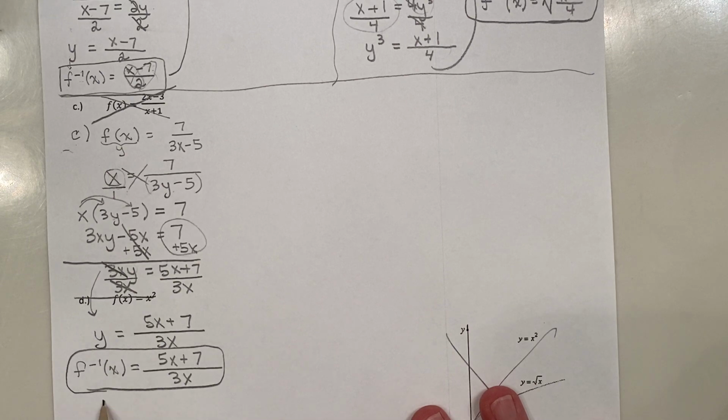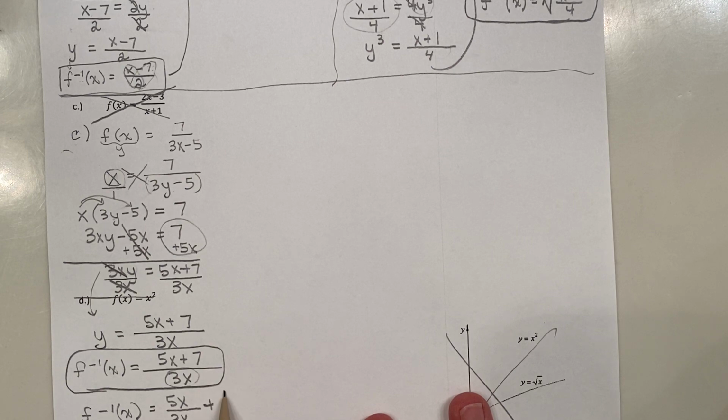Like the first couple of examples though, another way to write this is we could separate. This is one group down here, this is called a monomial. So what we could do is take the 5x and put it over 3x, and then a plus sign, plus we could take the 7 and put it over 3x. And then if we wanted to, we could look inside this fraction and say, well, these x's can now divide out.